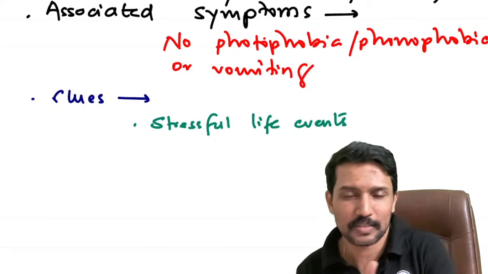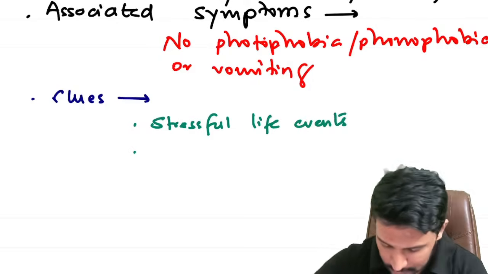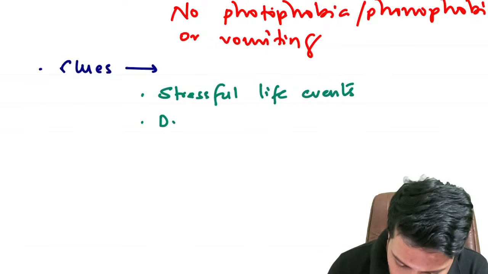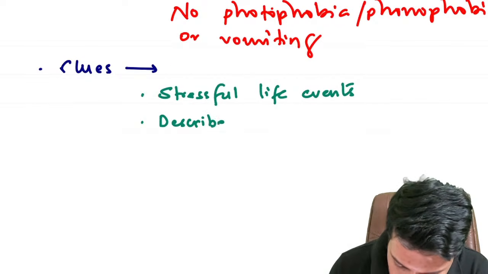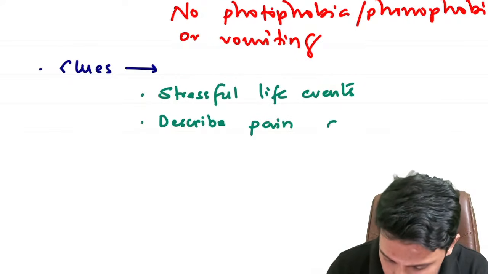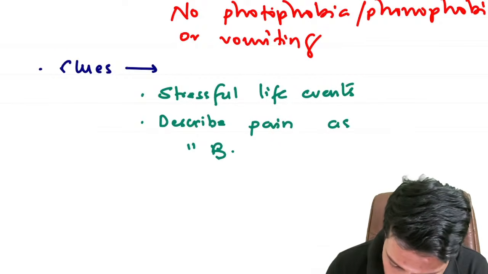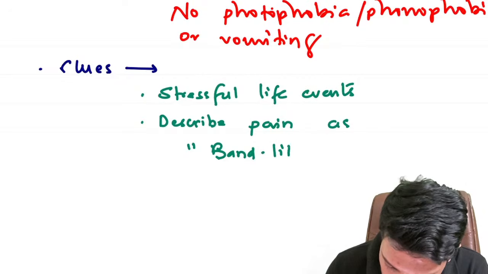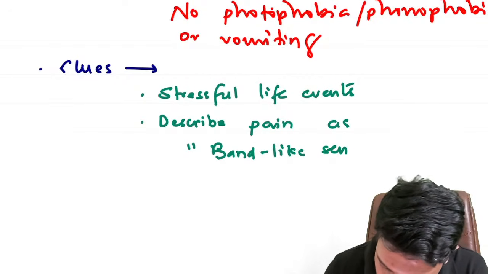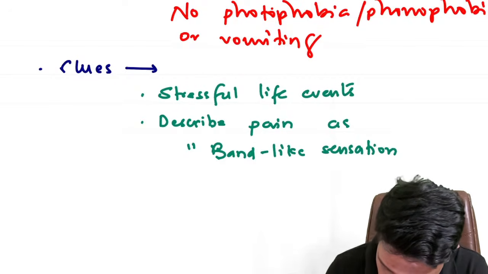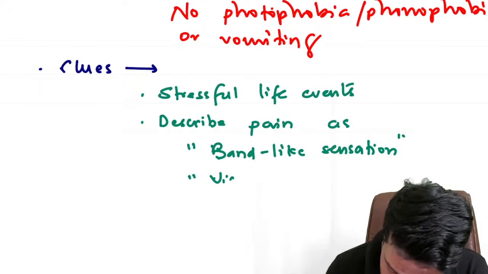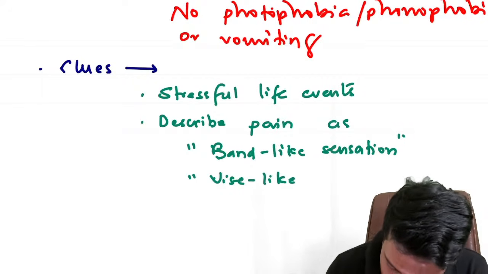So there are life stressors present. Second, these patients describe the pain as, and this is very important, teachers are often looking for this, a band-like sensation, or they describe it as a vice-like grip.